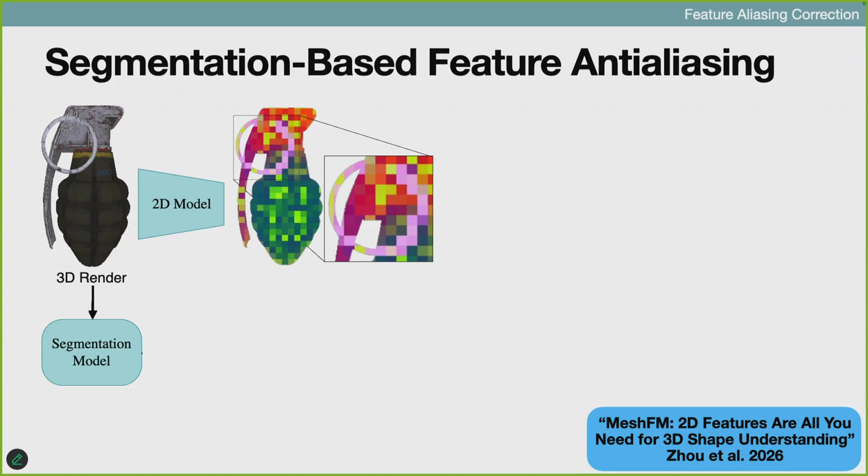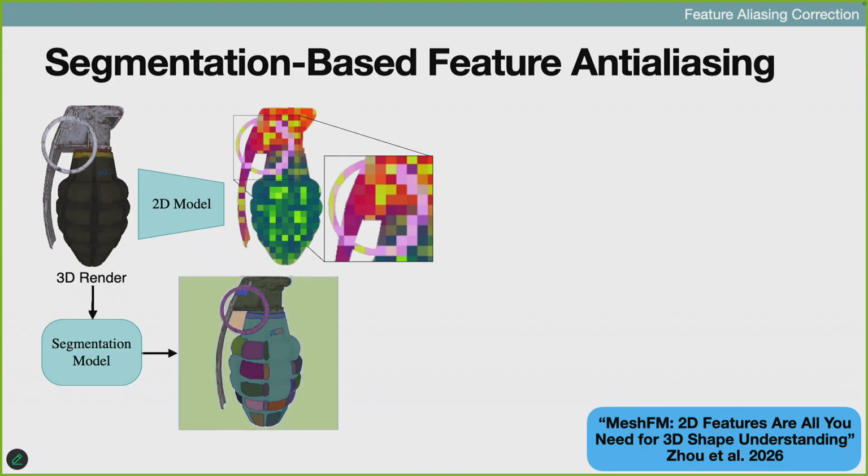So how can we fix this? We actually can still recover the sharp boundaries of that ring feature with, surprise, surprise, another 2D model. Specifically, we could take some off-the-shelf segmentation models. Here we're showing segmentations produced by Meta's Segment Anything model.